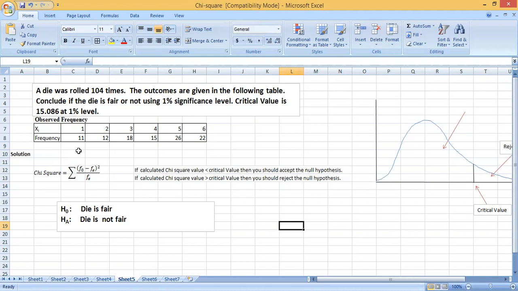So we have to now calculate the expected frequencies. There are 1, 2, 3, 4, 5, 6 outcomes, and we have to divide. 104 divided by 6 equals 17.33.